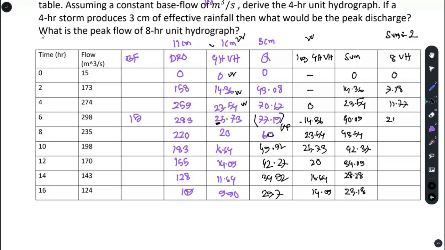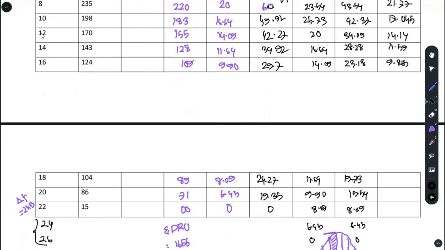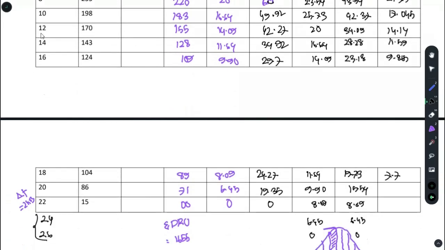I'll get 20.045, 21.77, 17.045, 14.14, 11.59, 9.865, 7.77, 4.045, 3.225.